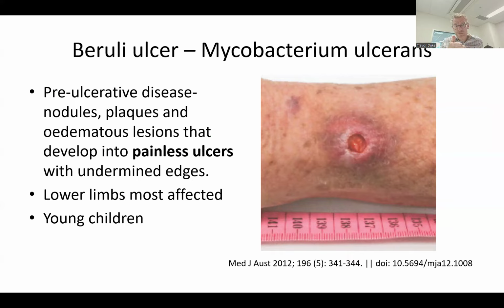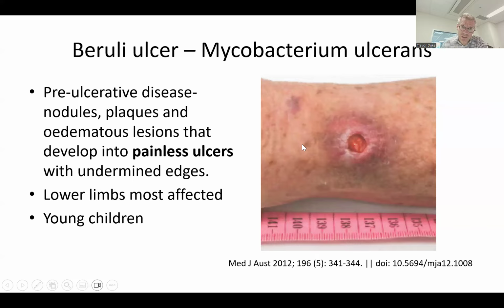They start off with a nodule, and that nodule and plaque becomes quite edematous and raised, and then it ulcerates in the middle, and then you get what is referred to as undermined edges. So if you look around the edges of the ulcer, it looks like it's undermined, and you could almost see into the soft tissues deep to the skin.